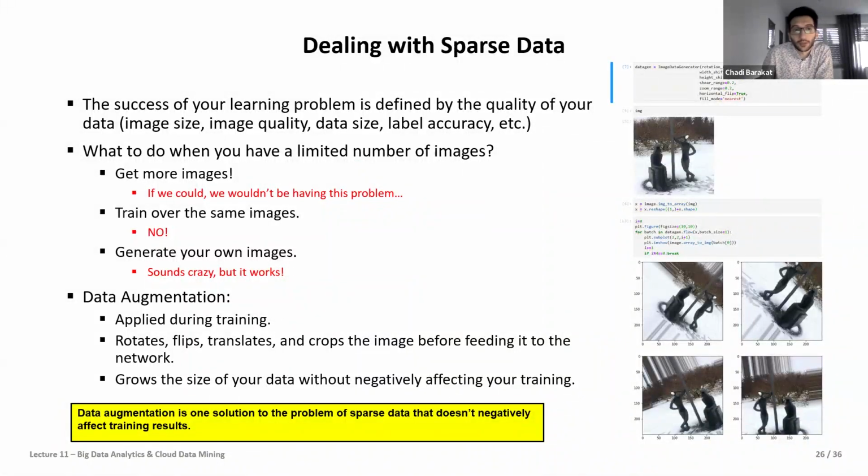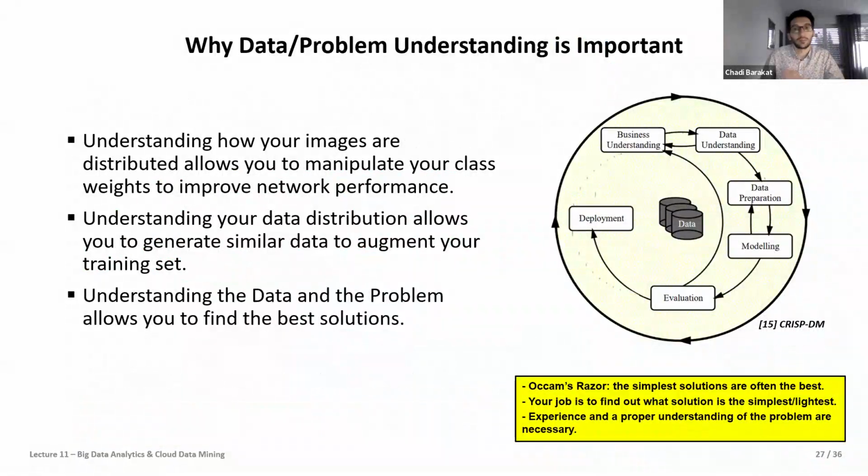But yeah, data augmentation, which is what we're discussing here, is one of the ways that you can solve the lack of data or having sparse data. But more importantly, and this is the thing that I mentioned earlier in the first part of this lesson, it is more important to understand the application that you're going for. And this is where the CRISP-DM process comes into play.